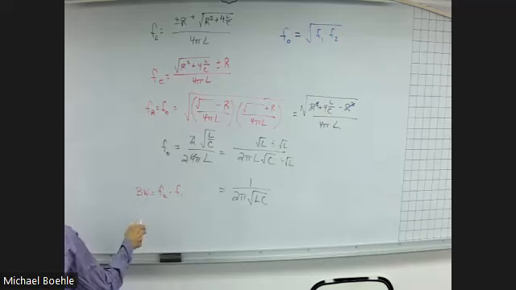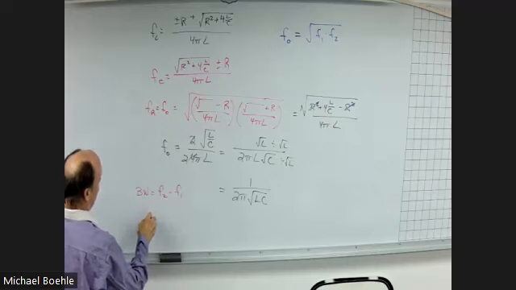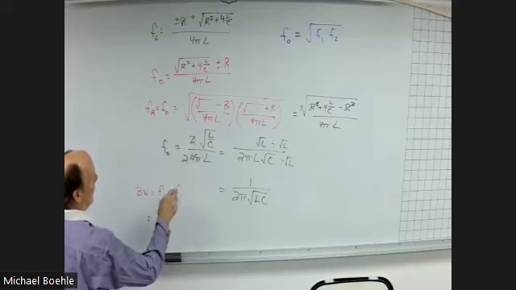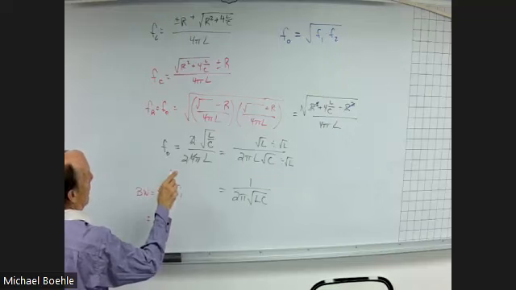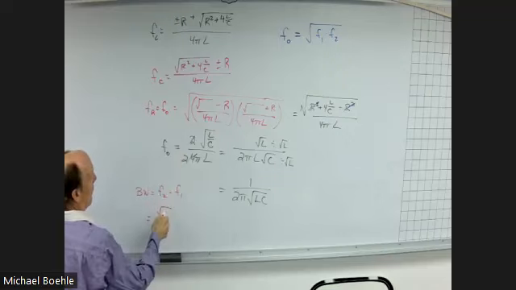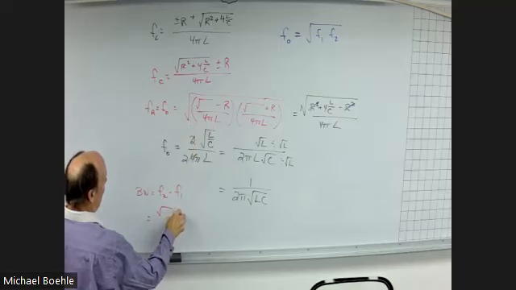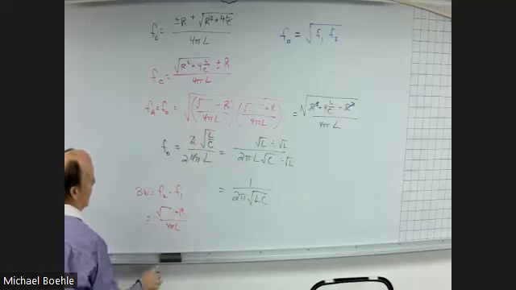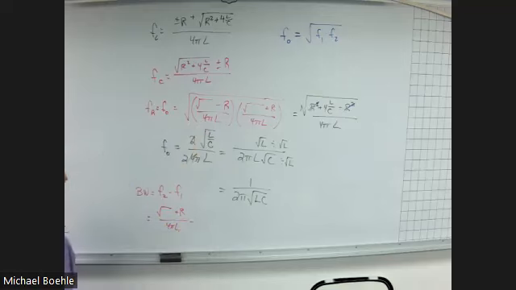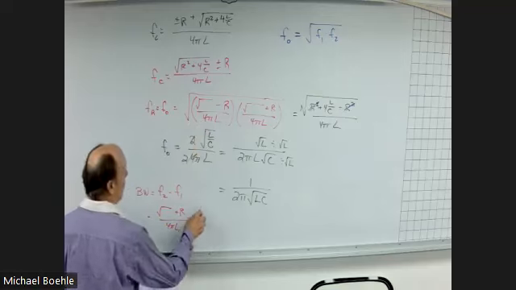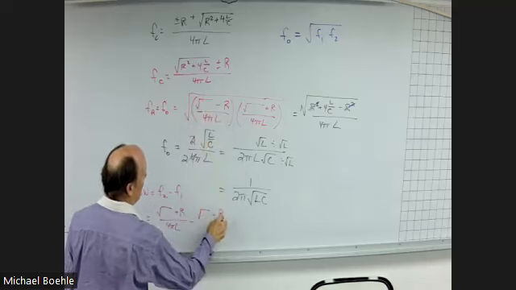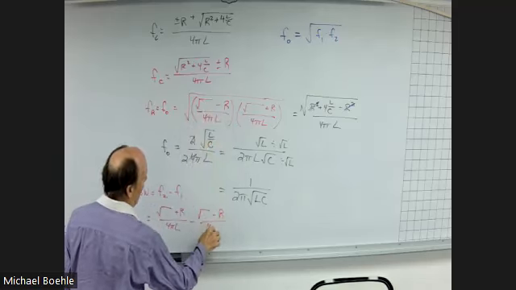So my upper cutoff frequency is the radical. Upper cutoff frequency is that one. So it's the radical plus R divided by 4 pi L, minus the radical, minus R divided by 4 pi L.